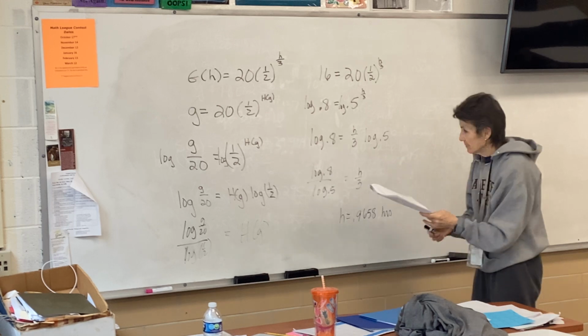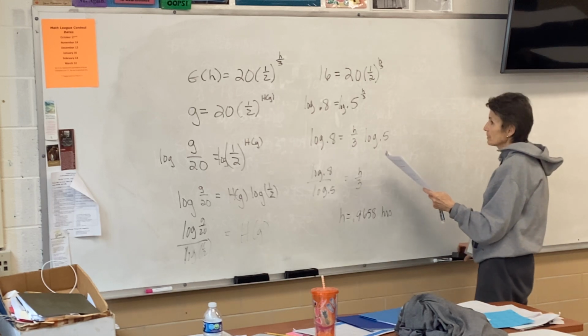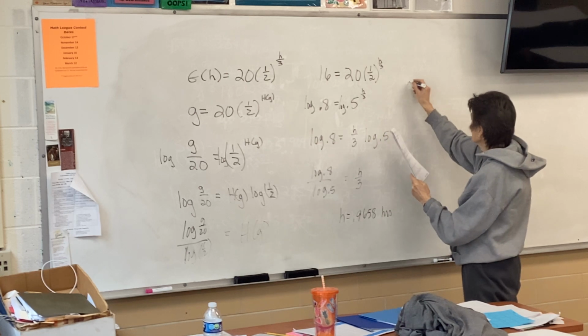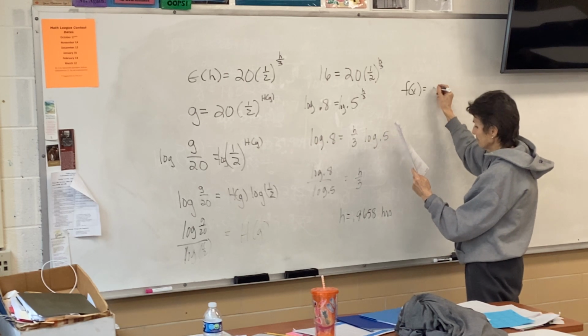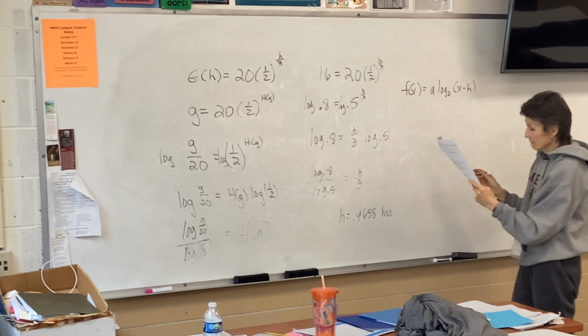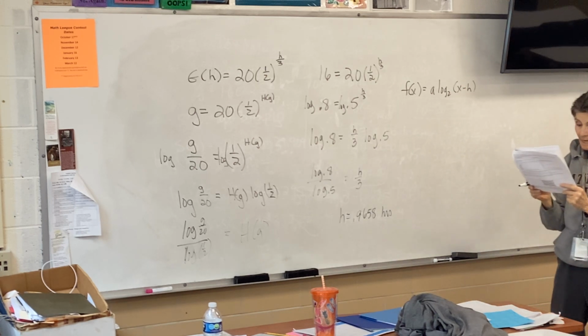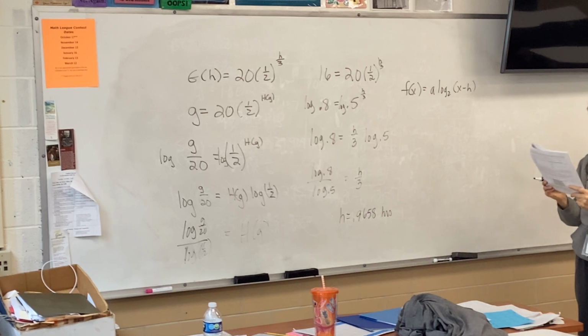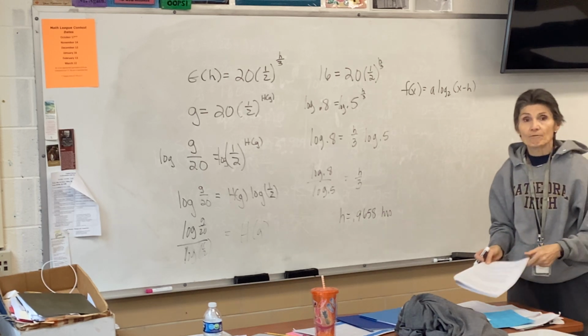And finally, number two. A logarithmic function, okay, so here's what our function looks like. And we have to find A and H. Now, we know that it has an x-intercept at 4.